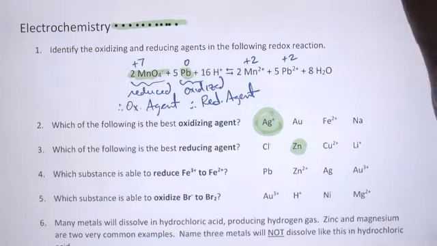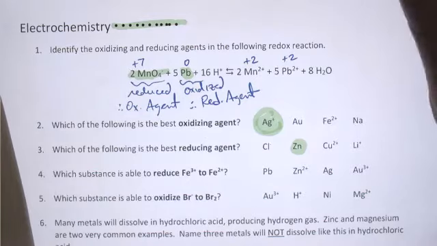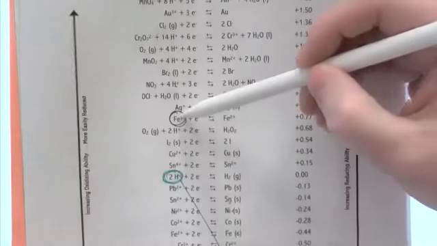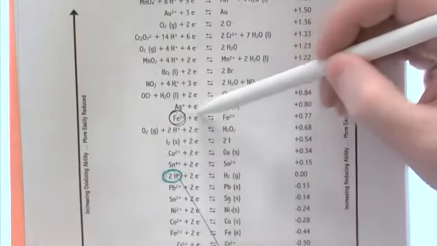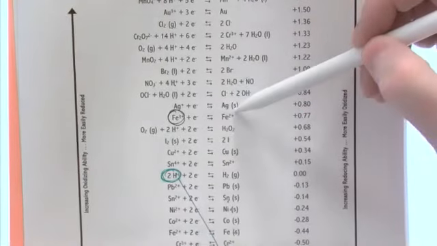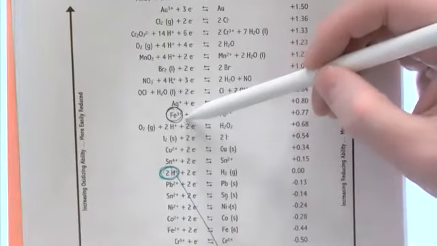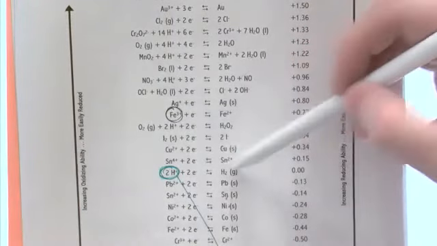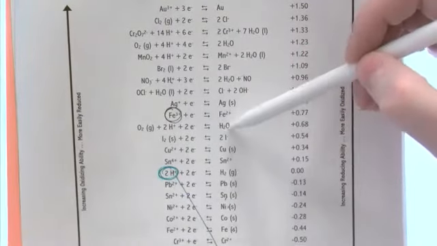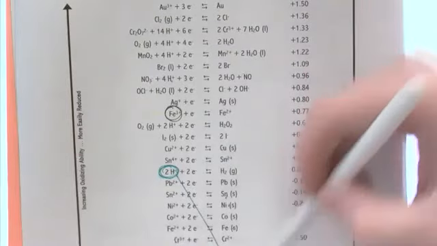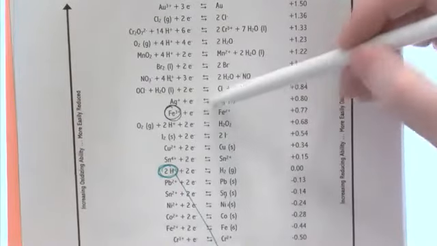Which substance is able to reduce Fe3 plus to Fe2 plus? Well, we looked at that equation earlier. Fe3 plus is here to become Fe2 plus, so that's the reaction. Things that would react with Fe3 plus would be below it and on the right. So I'm looking for something on the right-hand side and below that reaction.